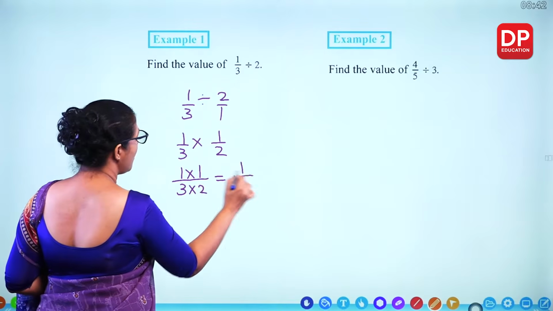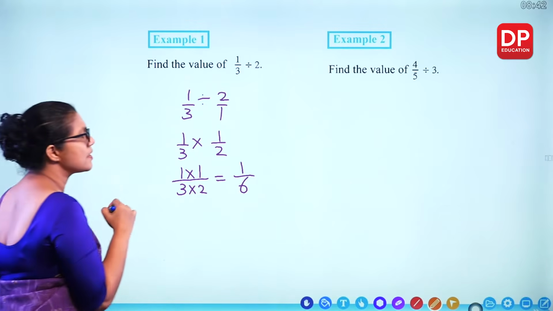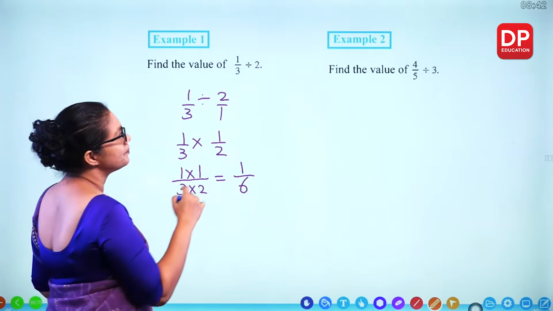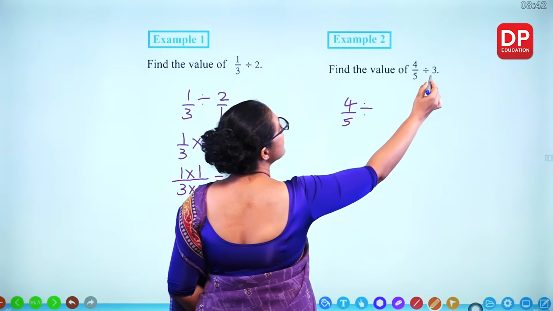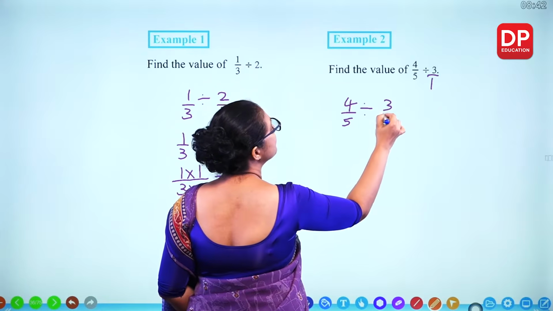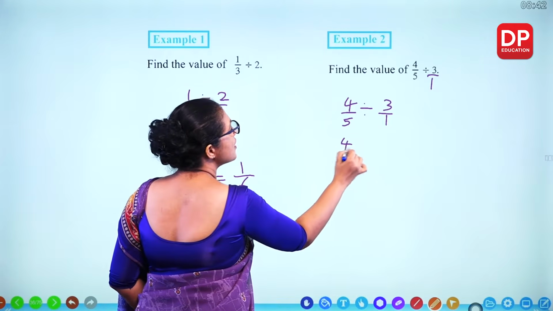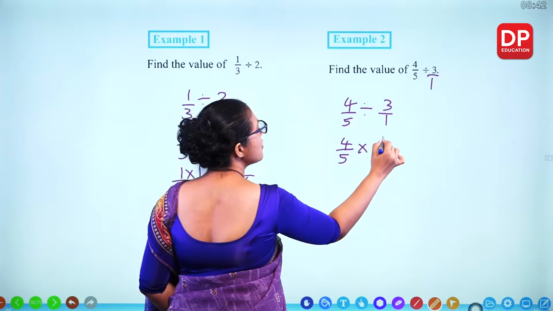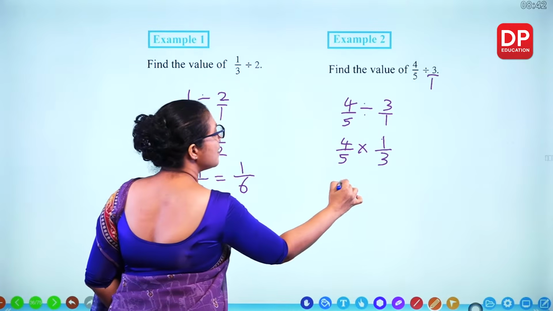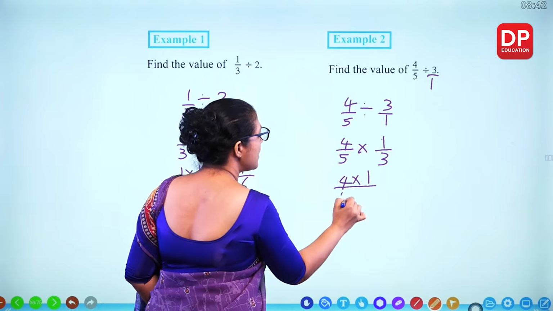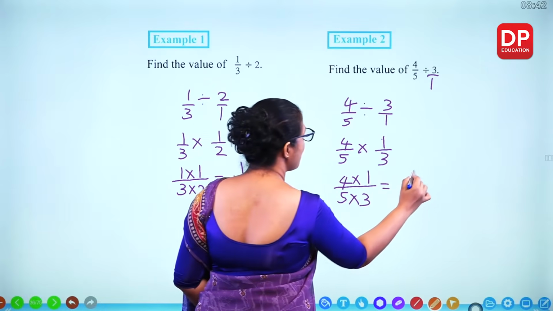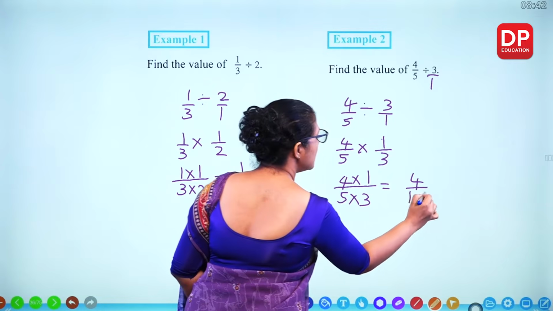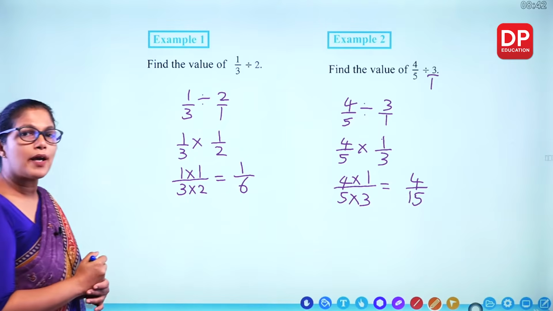So you get 1/3 times 2 becomes 6. 4/5 divide by, this is like 3/1. Convert to multiplication by taking the reciprocal. Multiply the numerator separately and the denominator separately. You get 4/15. 5 times 3 becomes 15.